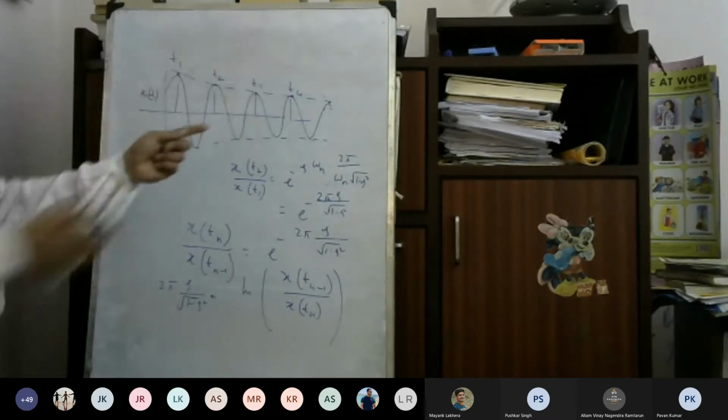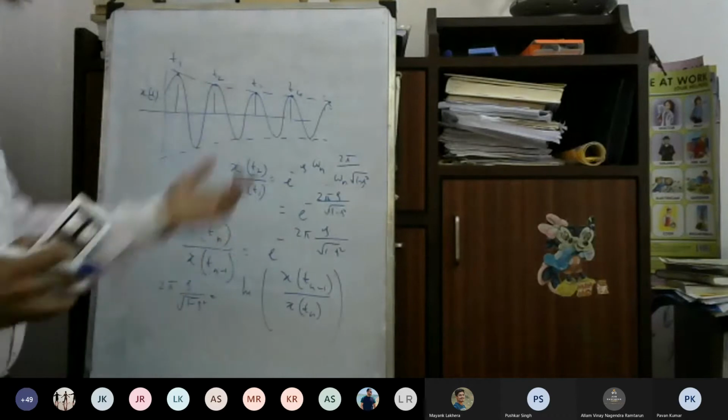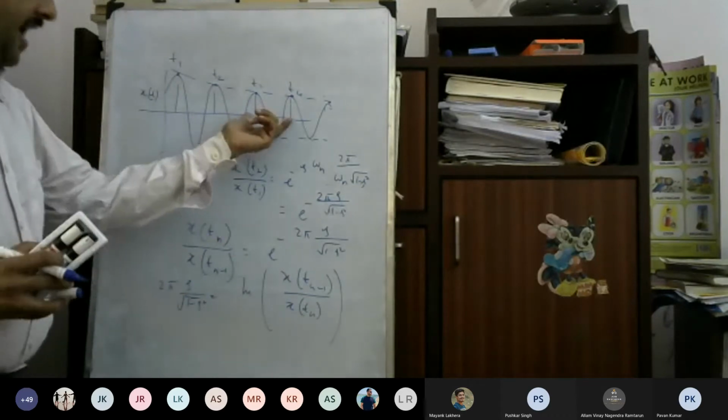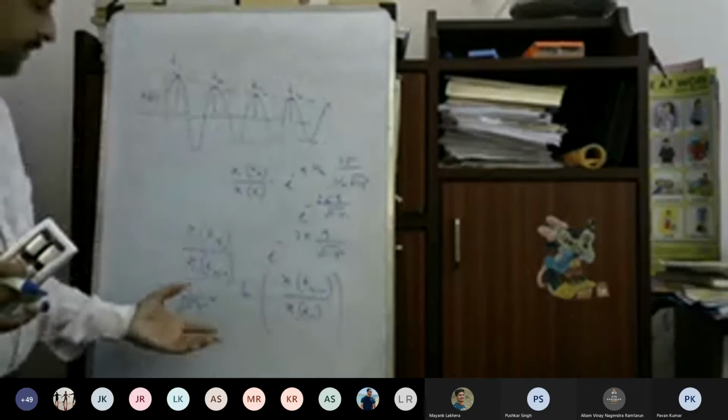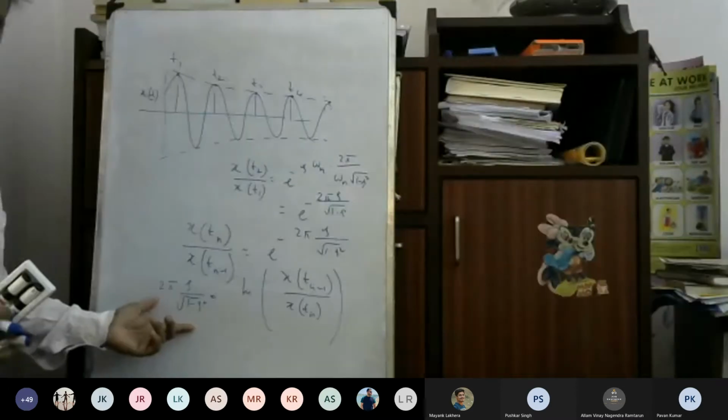If you use two consecutive responses, the ratio of these two values does not depend upon anything but zeta. That is a very important observation.